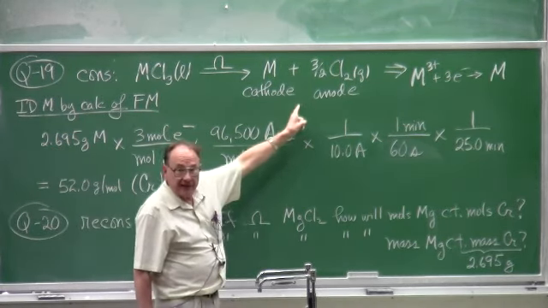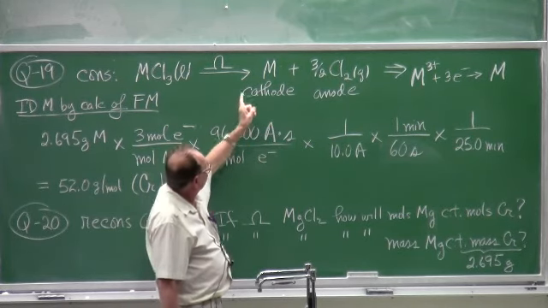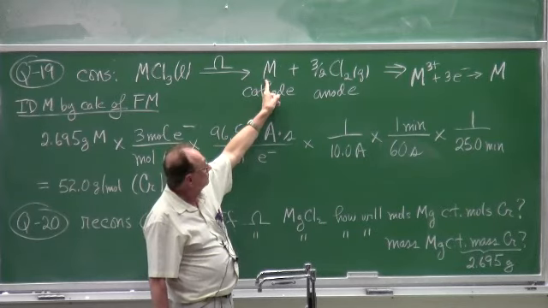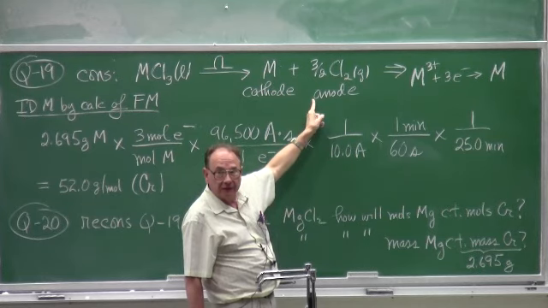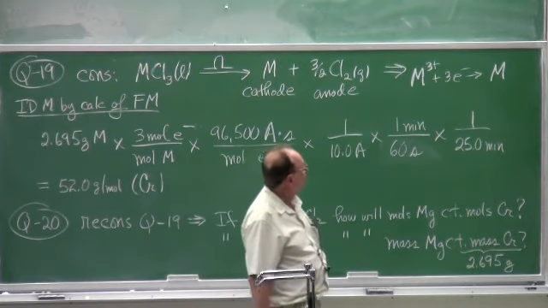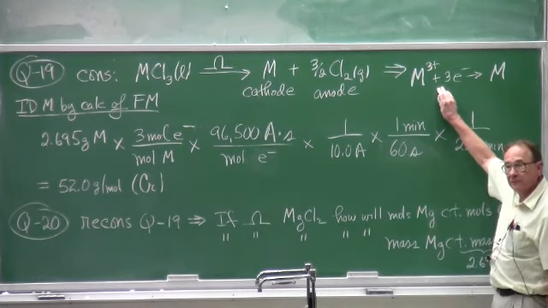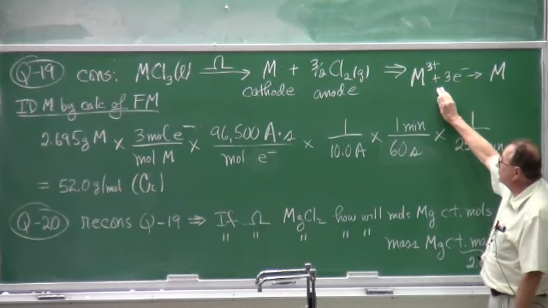Here is the reaction that will take place when you run this electrolysis. You're going to plate the metal at the cathode, and at the anode you're going to turn chloride ion into chlorine. And this statement shows us that to make a mole of this metal, per mole of metal made, you have to supply 3 moles of electricity.